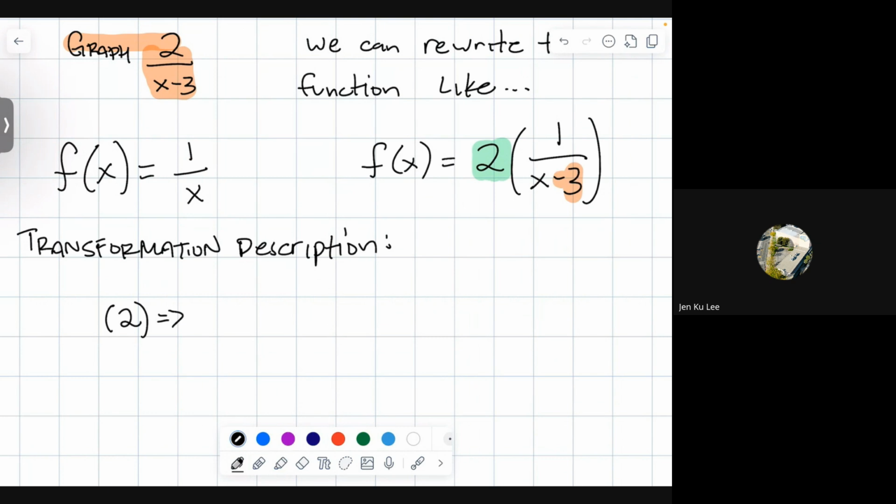How do we describe the transformation? It's a stretch. What kind? Vertical stretch. So it's going to be a vertical stretch. Remember this term, BAFO, by a factor of 2. Okay.